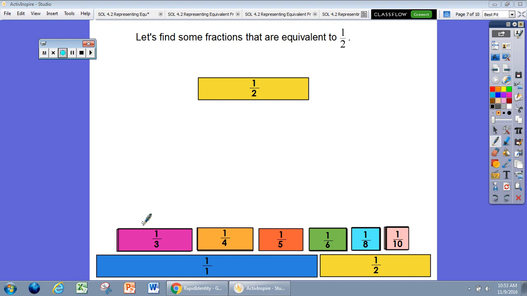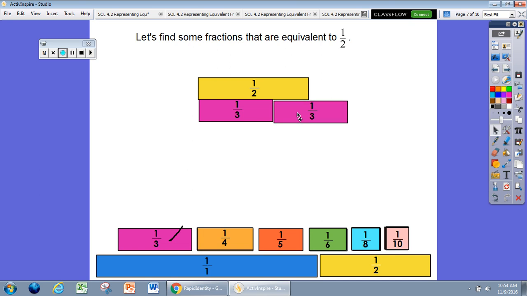Now, if you picked thirds, you may have figured out that that will not work. Let's try it. Here we have 1/3, and here we have another third, and look, that won't be equivalent to 1/2.